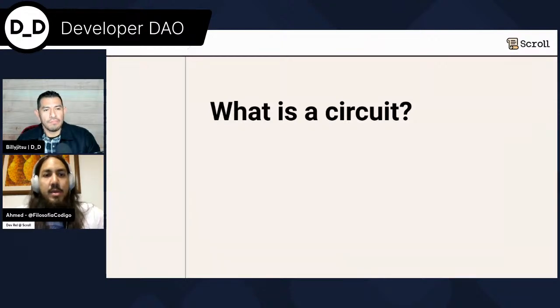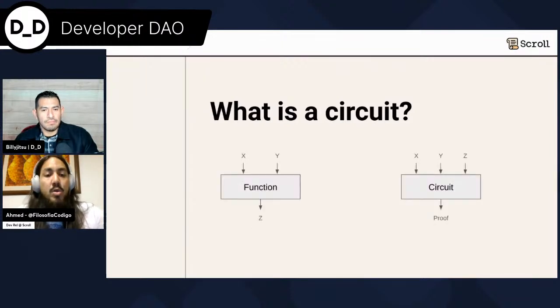We're going to be doing circuits in this workshop, and the way that I want you to think about a circuit, which are fundamental to creating a ZK dApp, is the following way. We as developers are used to writing functions like I'm expressing right here on the left. So we are used to sending parameters to a function, making some execution, and then receiving an output. That's what our mental model of creating a dApp is.